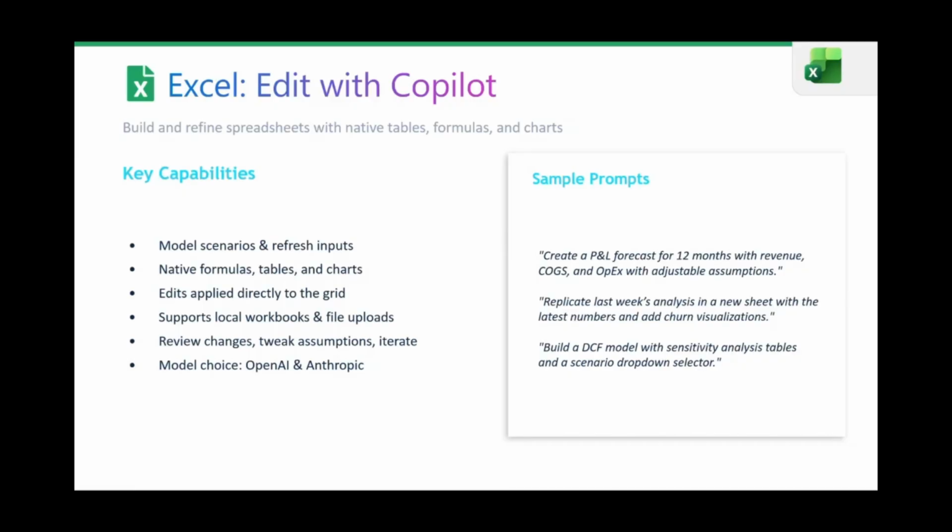Here, you can uncover insights by making edits, tweaking, iterating, building charts, and building tables. I love building an executive dashboard. And we've got the OpenAI as well as the Anthropic models, so that is happening as well.